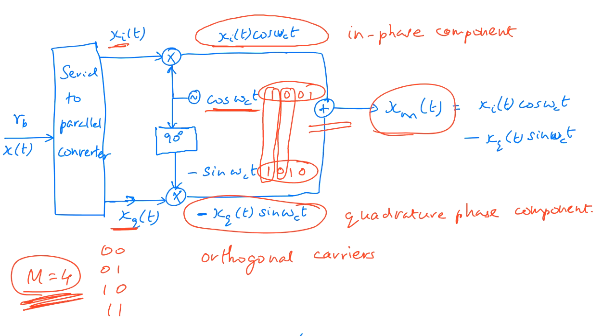So by using this technique, we are able to produce 4-ary ASK with only two amplitude levels. But obviously, the downside is that we have to use two carrier signals. And we call this quadrature amplitude modulation, or QAM.